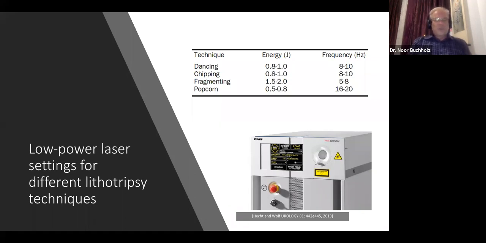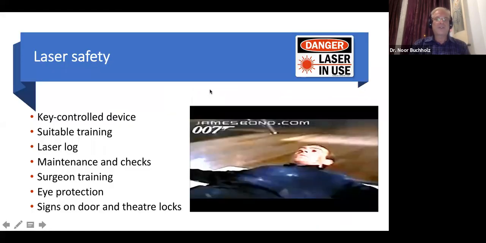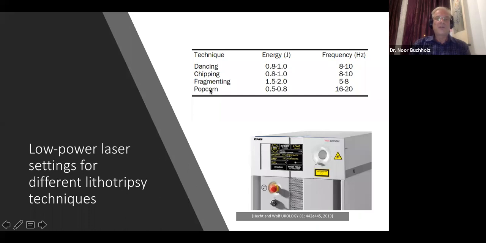So to reduce the burn back of the laser fiber, recently people advocate a low power laser setting for different lithotripsy techniques. And you can see here for the dancing technique, we have an energy of around 1 joule and a frequency of about 10. Same for the chipping.